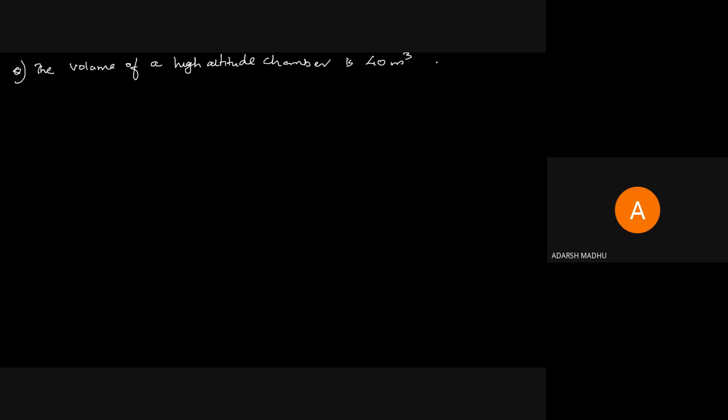It is put into operation by reducing pressure from 1 bar to 0.4 bar. So P1 and P2 are given.